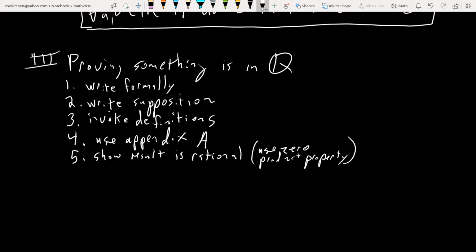Okay, and then the conclusion usually follows.